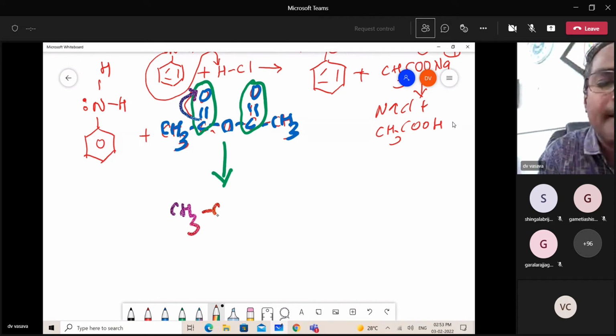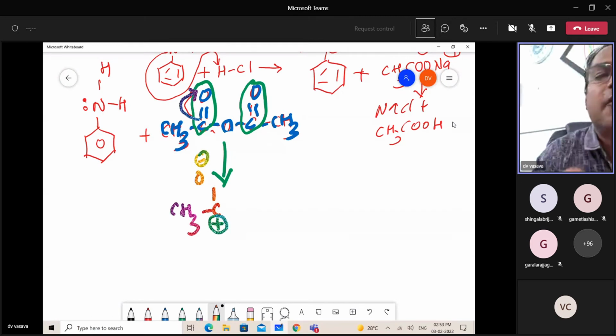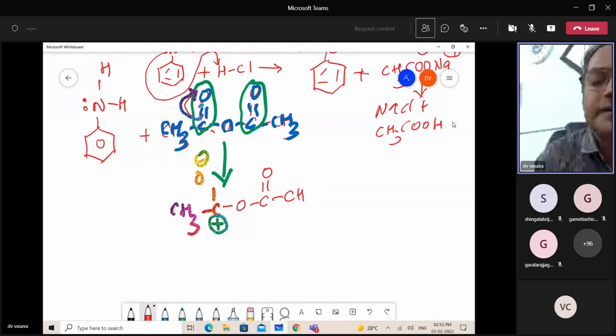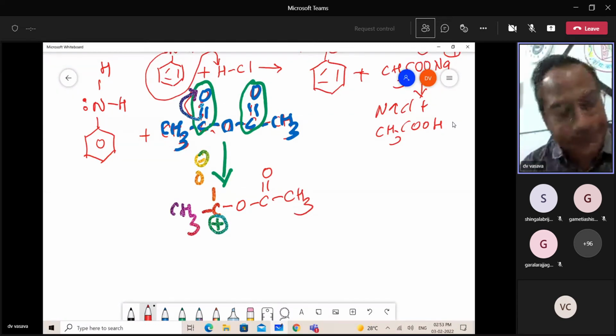CH3 CO minus, and this carbon becomes positively charged, because this electron is taken by the oxygen. I will mention clearly with red: here it is an electron and this is the other electron. This electron is taken by the oxygen and the rest remains as it is, O and CH3.